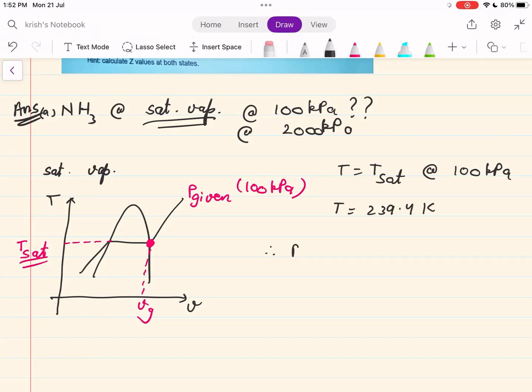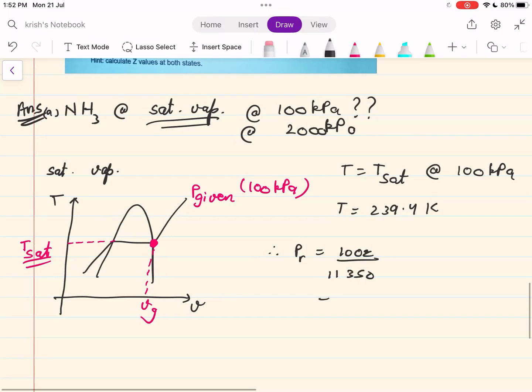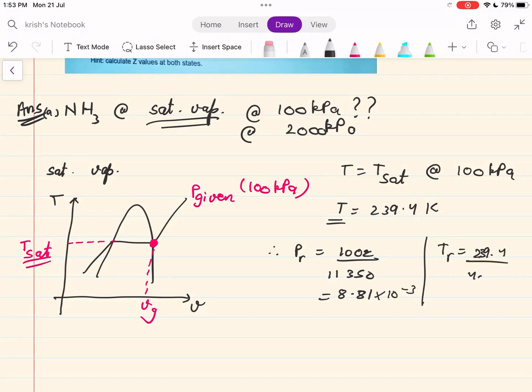Therefore, we are able to now calculate PR by P given upon PC, and it comes out to be 8.81 times 10 to the power minus 3. Very small. Okay. And TR we are also now able to calculate because we now are able to find the T given. 239.4 by 405.5, 0.59. Can take this to be 0.6, it's okay.